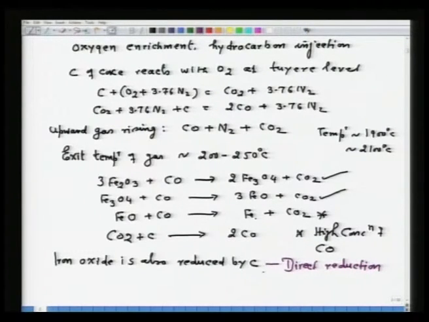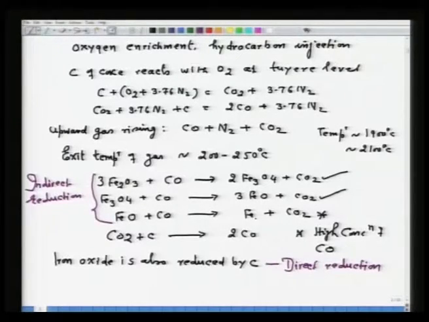This is endothermic in nature, whereas all these reactions are called indirect reduction. So, in the blast furnace both indirect and direct reduction are going on, and attempt is made such that the heat balance is there at every region of the blast furnace.